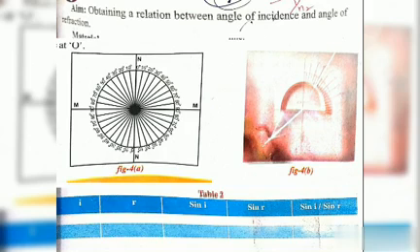We should find out how much sine 15 is and how much sine 10 is, substitute those values, and find the ratio of sine I by sine R. We will get one value.